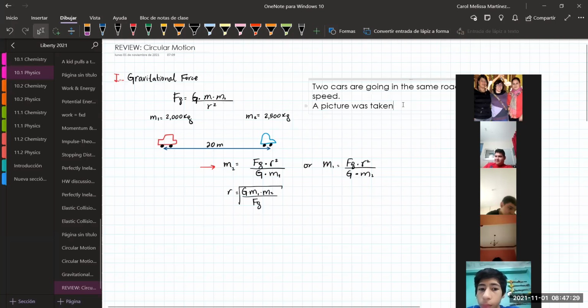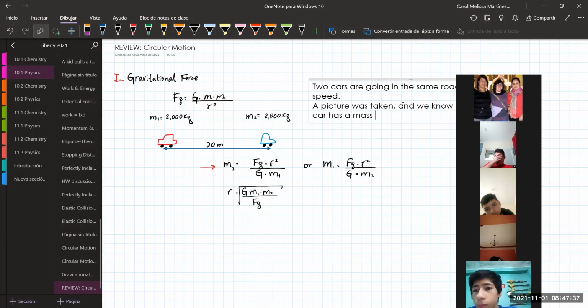So that picture was taken, and we know that the red car has a mass of 2000 kilograms, and the blue car has a mass of 2500 kilograms. That means with the people inside of it, it's 2500 kilograms.